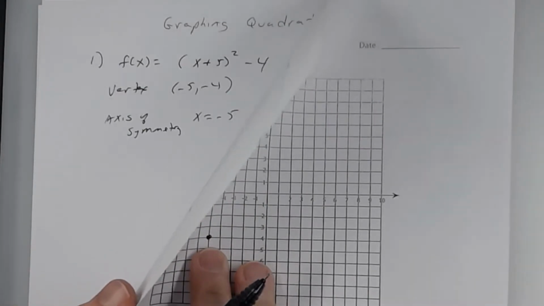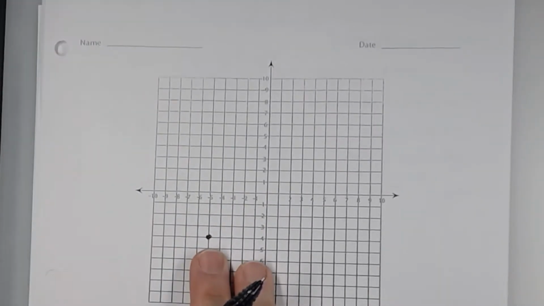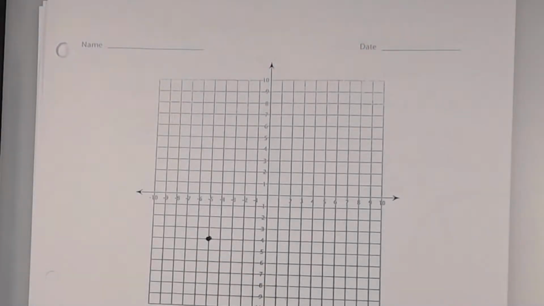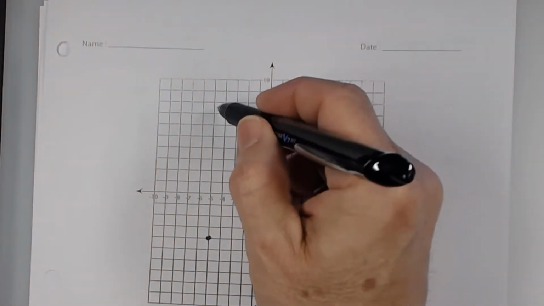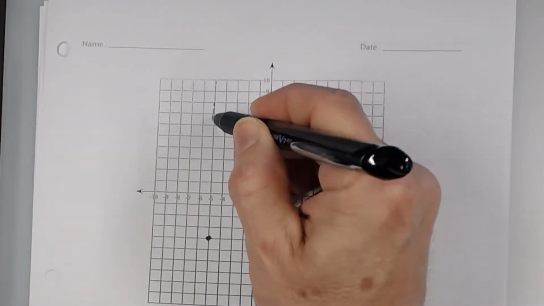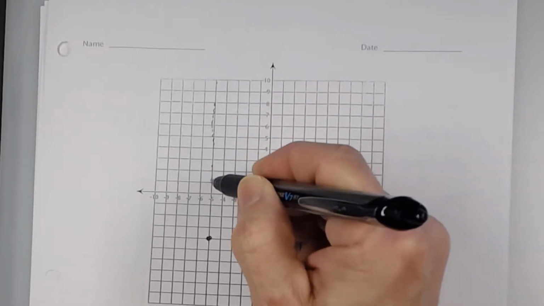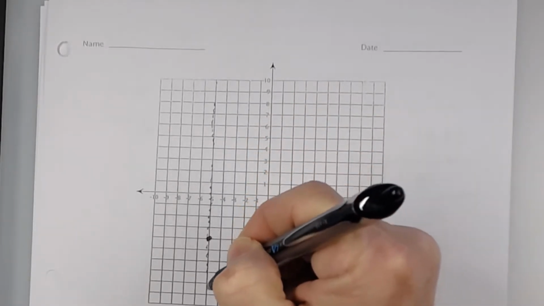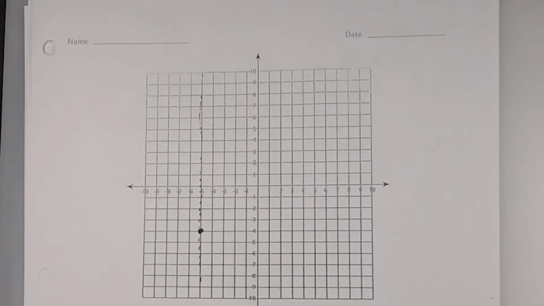I know that the axis of symmetry is x equal negative 5, and you use it to make the graph look symmetrical. You use a dotted line to represent the axis of symmetry because it's not really part of the graph. It's just an attribute of the graph to help you with the idea of symmetry. So you use a dotted line that goes through the vertex.